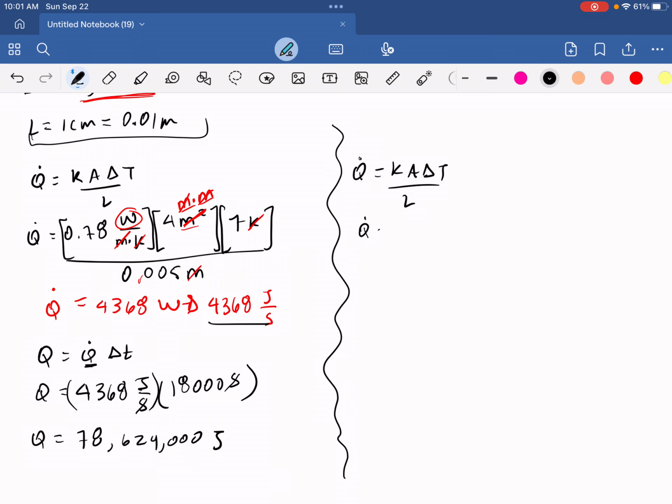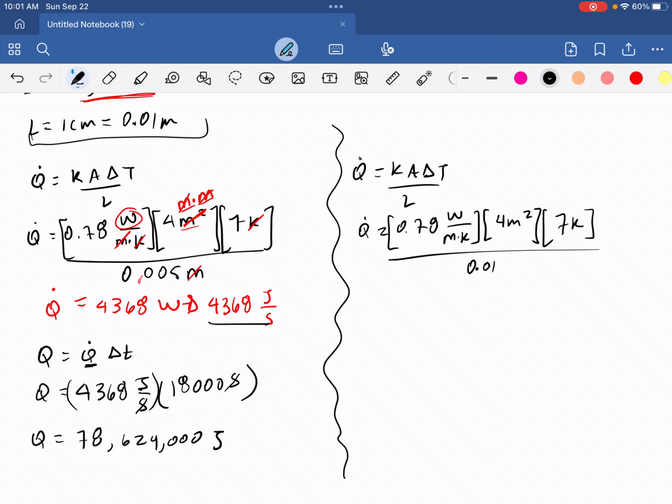So Q dot is equal to 0.8 watts divided by meter kelvin, times 4 meters squared, times 7 kelvins, divided by 0.01 meters.